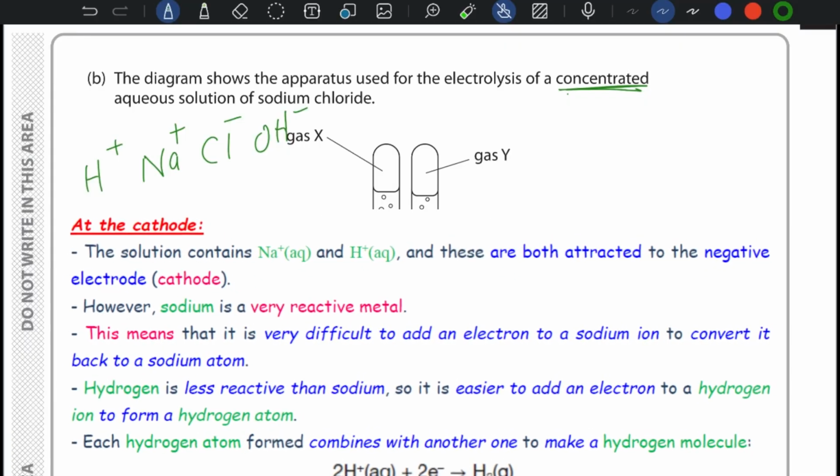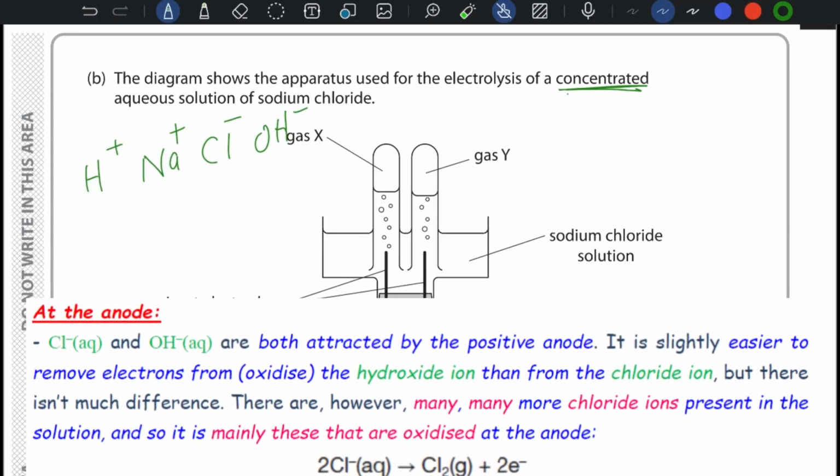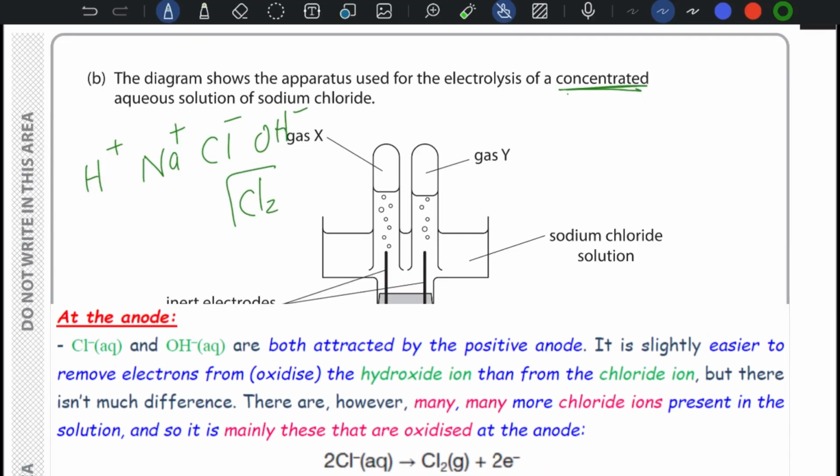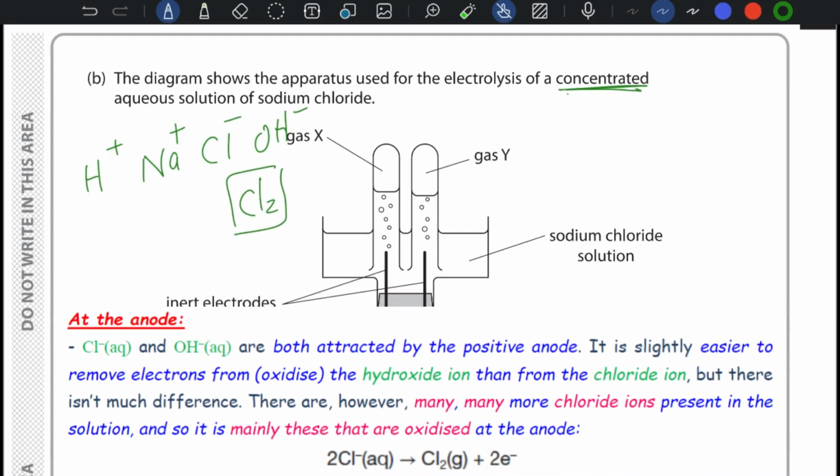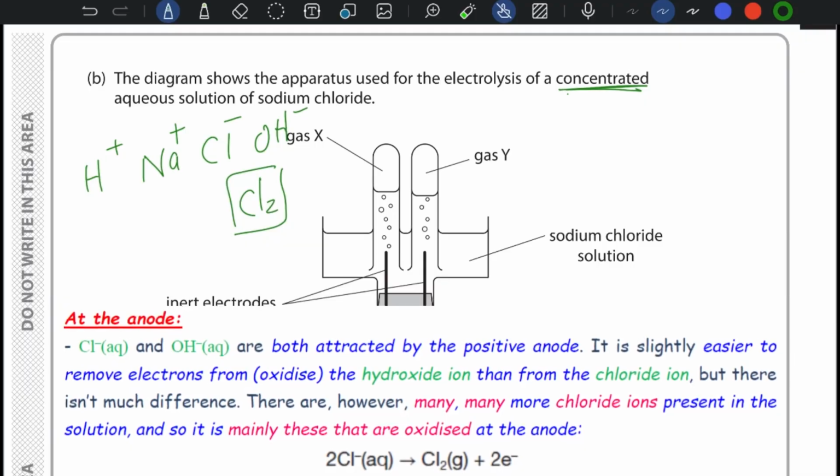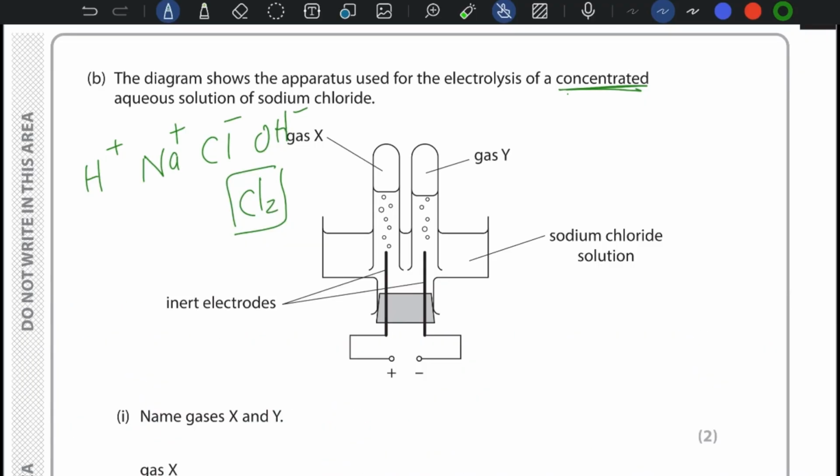When he mentioned concentrated solution, chlorine is formed because there are more Cl ions than hydroxide. In the case of sodium, sodium is considered a reactive metal, so the less reactive positive ion, hydrogen, will be discharged.